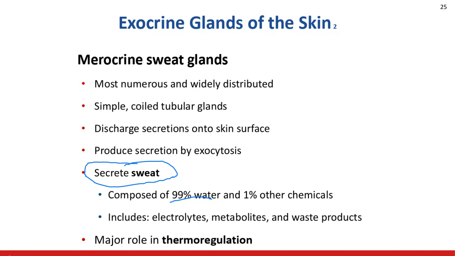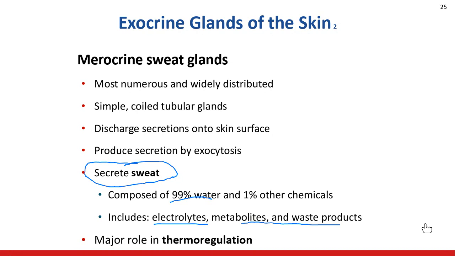The other 1% is going to be made up of electrolytes like sodium and chloride, cell wastes and metabolites, things that have been broken down inside of some of these cells. Essentially, sweat is a diluted version of your urine, because there are waste products in your sweat, but obviously there are also waste products in your urine.